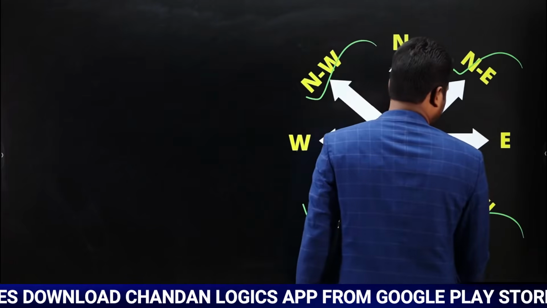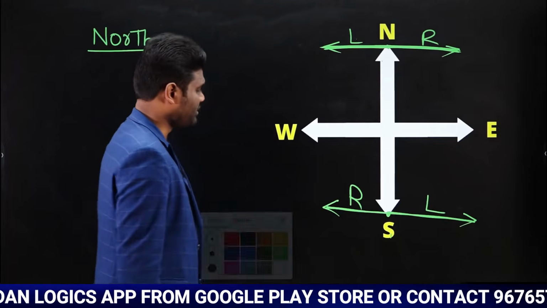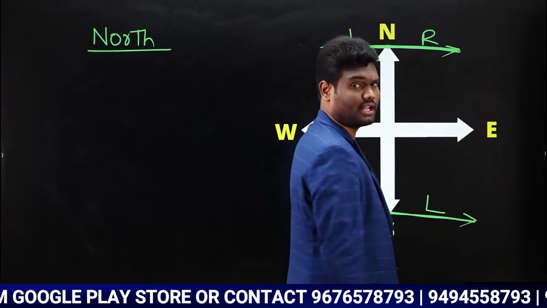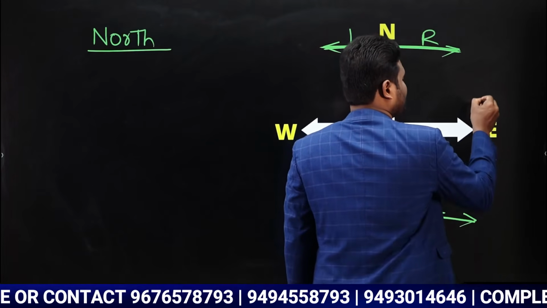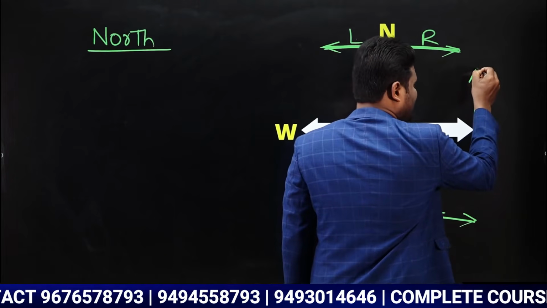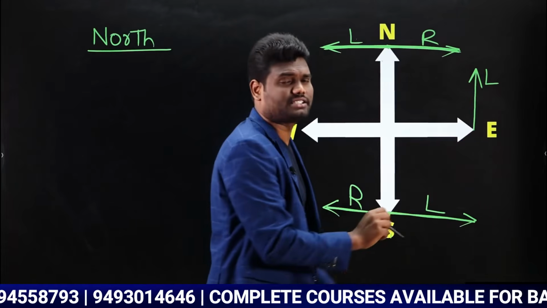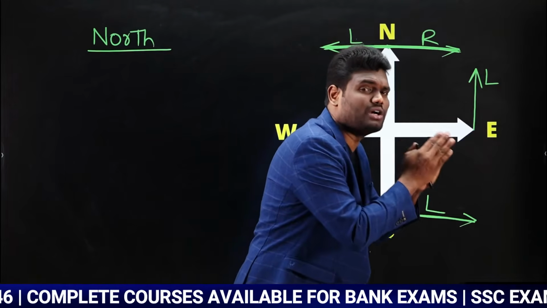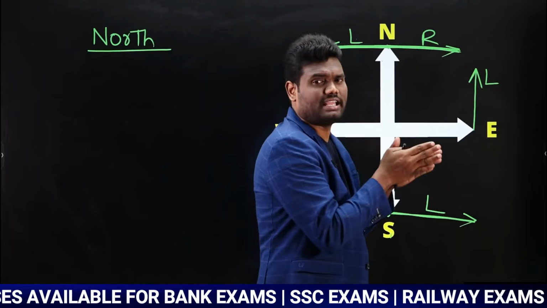Similarly, what happens when the person is traveling towards east west? Observe here carefully. Let us say example, when the person is traveling towards east direction, when they say left, now this is like left, yes or no? Just imagine that you are facing towards east direction.